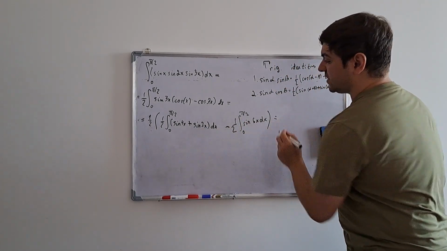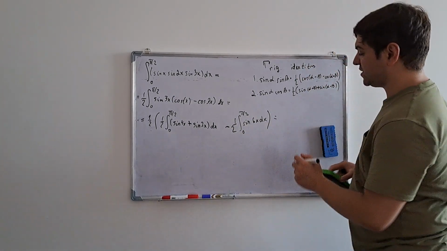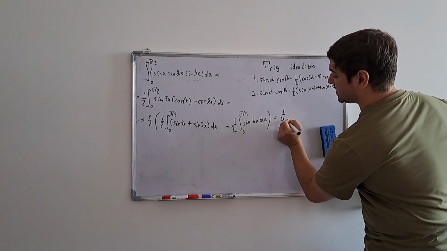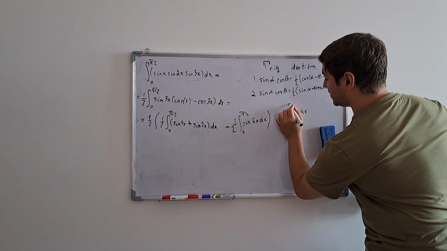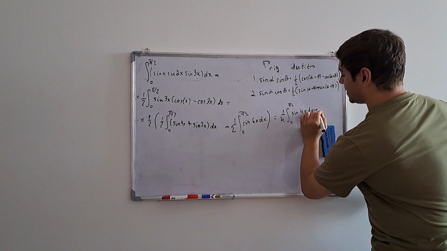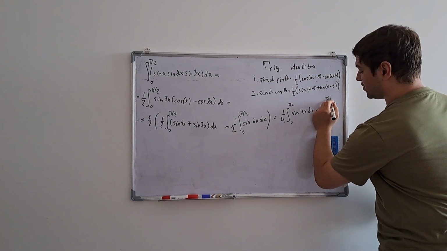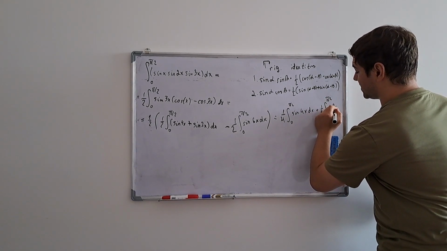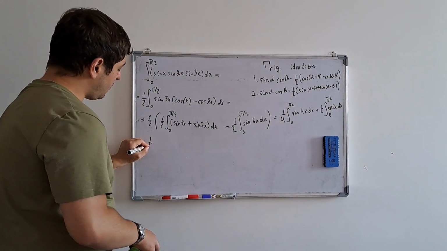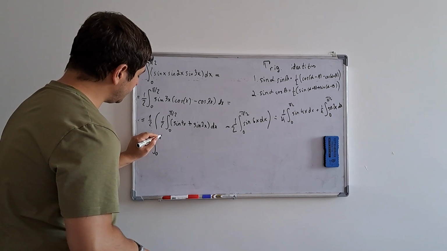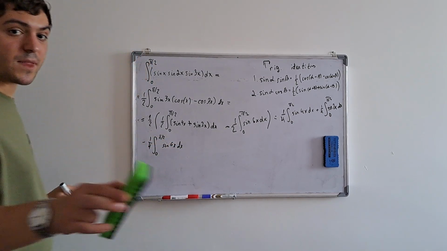Now we will have to integrate the following expression. I would like to simplify it just a bit so that we could easily see that it's 1 over 4 times the integral of sine 4x from 0 to pi over 2 dx, plus 1 over 4 times the integral from 0 to pi over 2 of sine 2x dx, and minus 1 over 4 times the integral from 0 to pi over 2 of sine 6x dx.